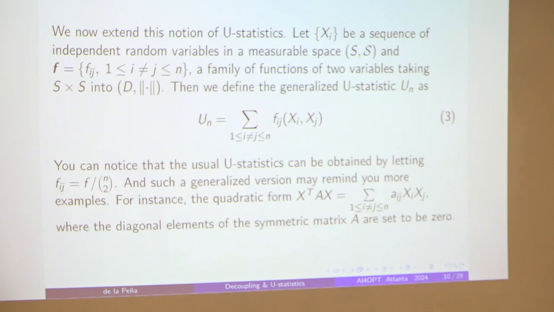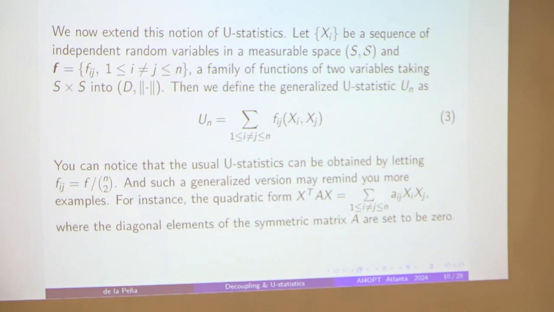Now, who is interested in matrix completion? Nobody? Well, that was a hot topic 15 years ago. And the first paper on matrix completion uses our decoupling inequality to get their results.